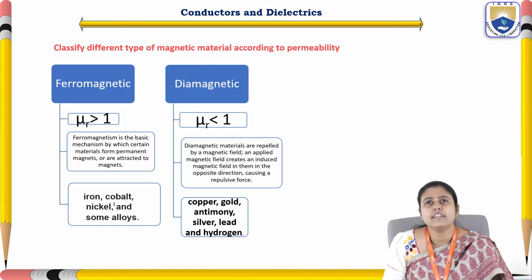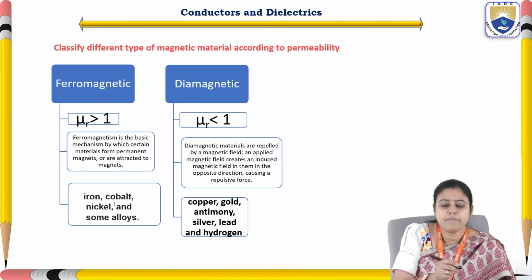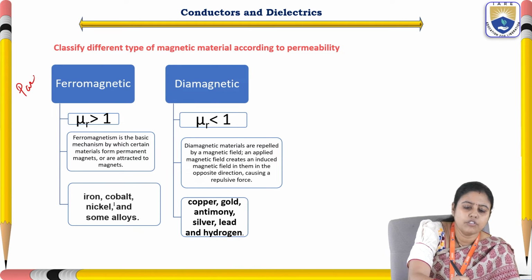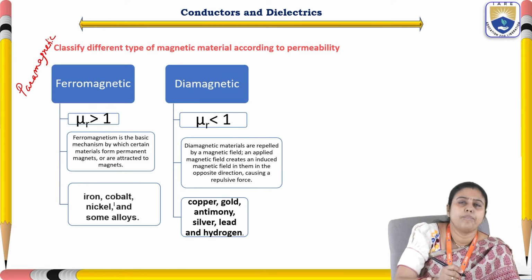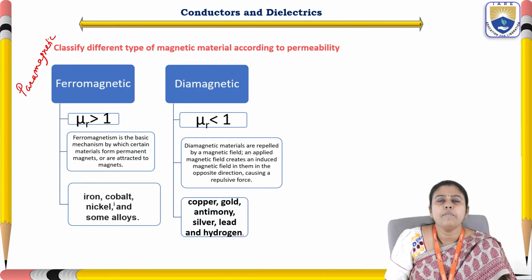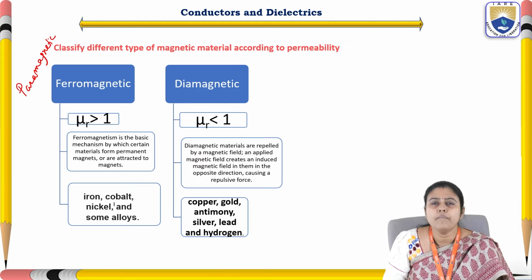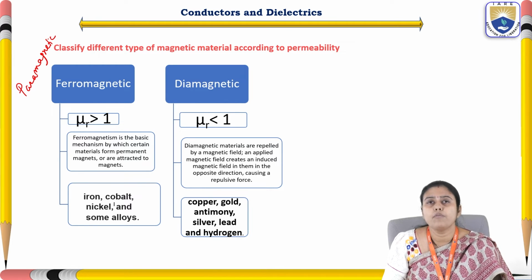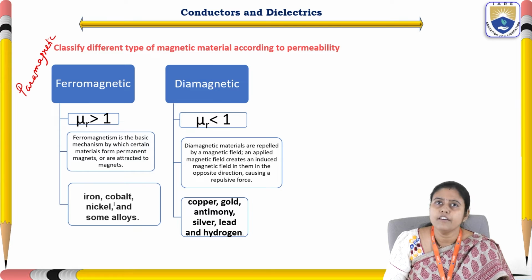If a little magnetic property is there, we call it paramagnetic. Paramagnetic means mu r is greater than 1 but not very big. But for the ferromagnetic, the mu r value is very big.